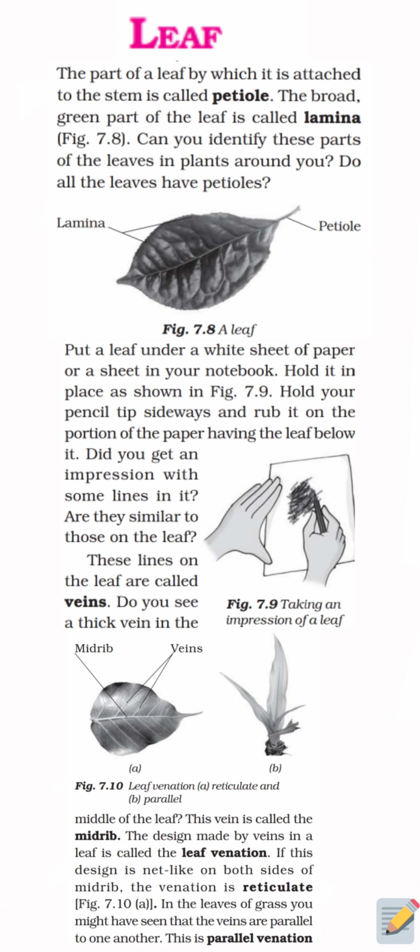If this design is like a net on both sides of the midrib, the venation is called reticulate venation. In the leaves of grass you might have seen that the veins are parallel to one another. This is known as parallel venation.